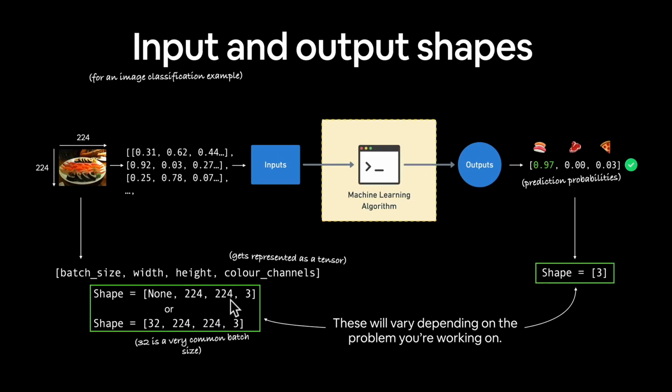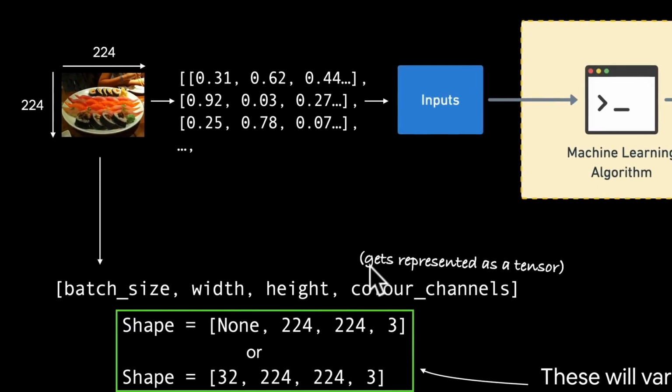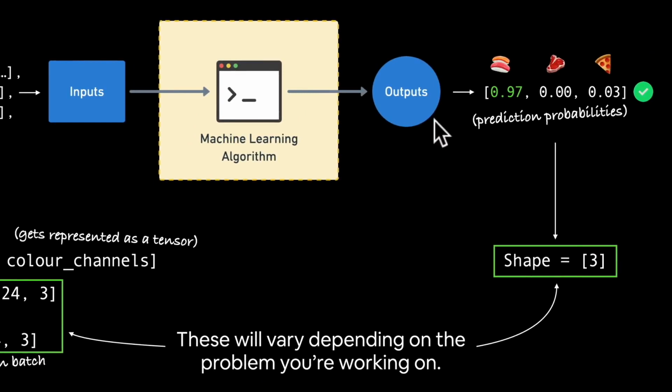So we're going to get very hands-on with this going forward, but this is just to demonstrate conceptually what we have to do for our classification problems to work on them with deep learning and machine learning algorithms. We have to take our data and numerically encode it in some way, which is typically represented as a tensor, and because we're using TensorFlow, it will always be a tensor. And then the same with the output.